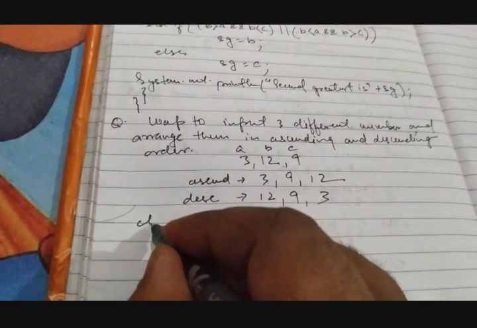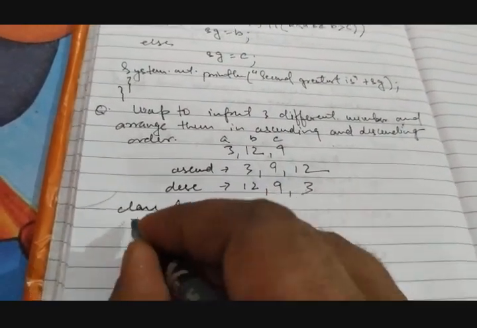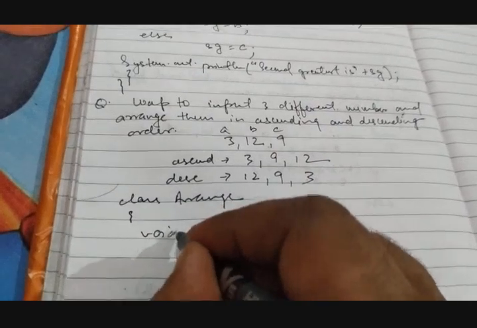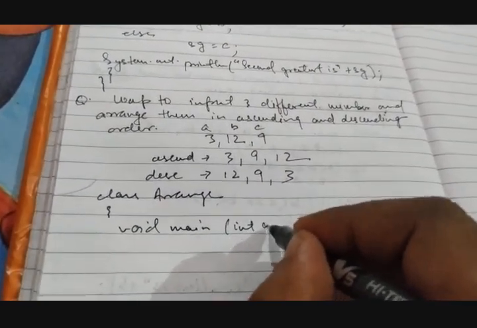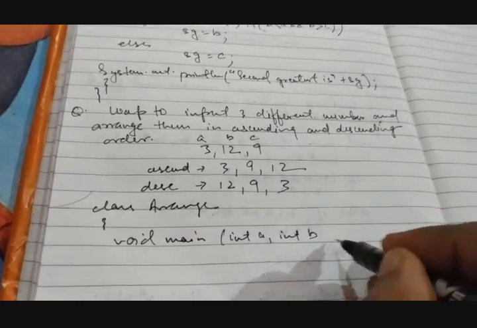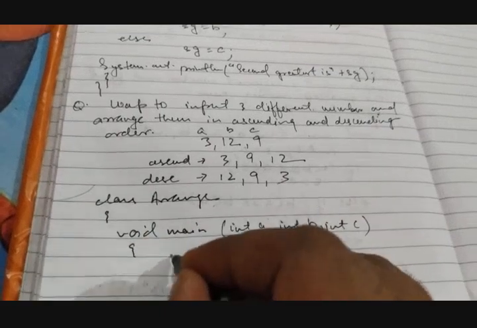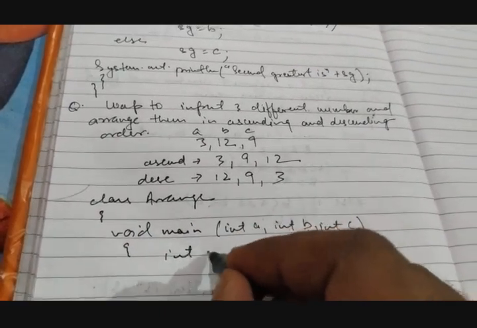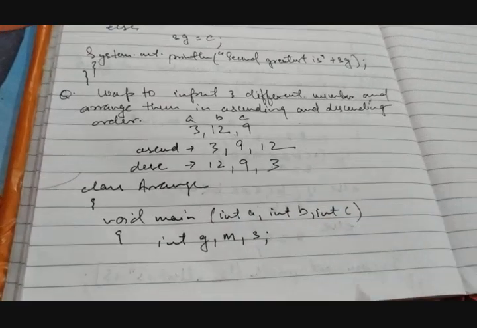Class arrange, void main, int A, int B, int C. I need one greatest, then the middle one, and then the smallest one.